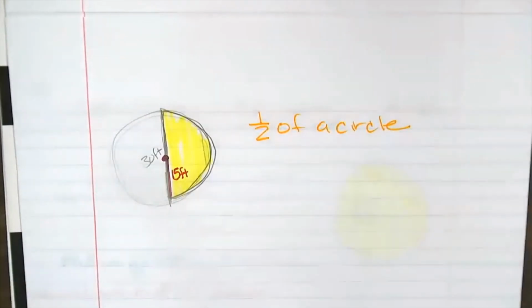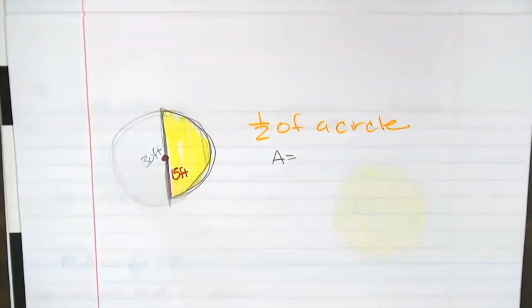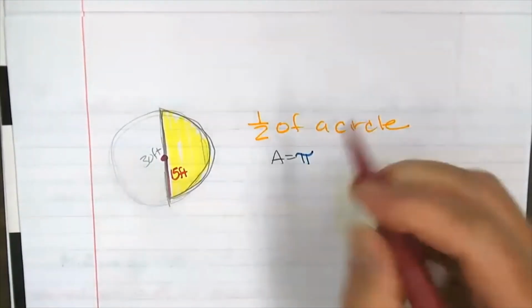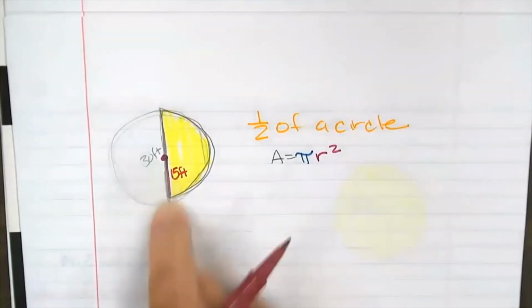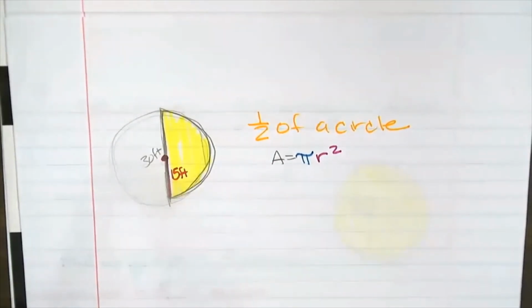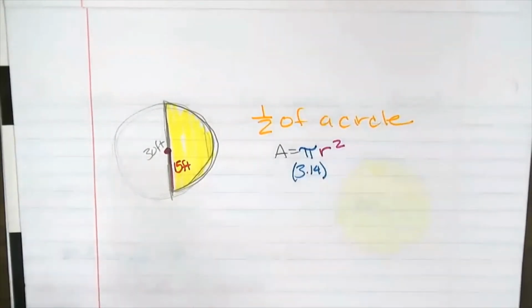Okay, well, we can do that. So area is equal to pi r squared. We already figured out the radius is half of the diameter. Pi is 3.14.